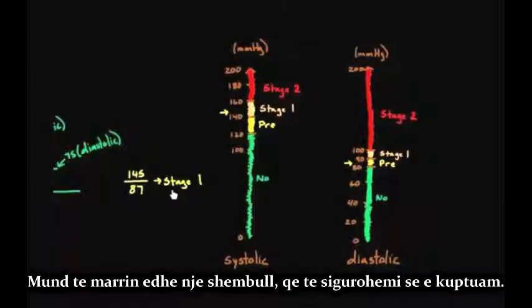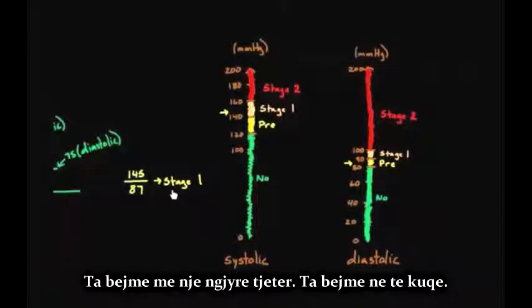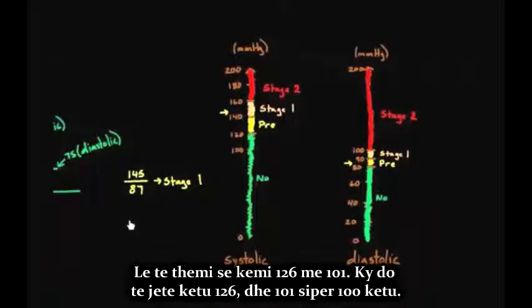Now we can do one more example just to make sure you get it. So let's do a different color. Let's say, I'll do the next one in red. So you have, let's say, 126 over, let's say, 101. Well, this person, 126, is actually right here. And 101 is right above the 100 mark, right there.